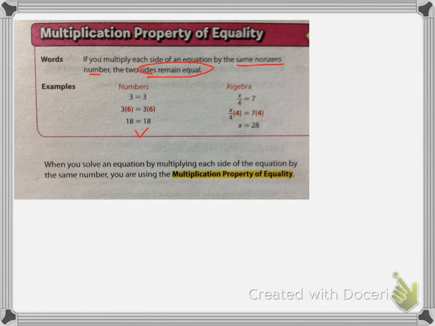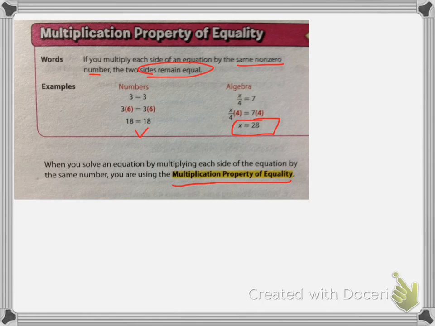So that's just showing you that we've multiplied both of these numbers by 6, and we still get 18 on each side. Then for this problem, it's showing you that x divided by 4 equals 7, x divided by 4 times 4 equals 7 times 4 will give you x equals 28. So it says when you solve an equation by multiplying each side of the equation by the same number, you are using the multiplication property of equality.